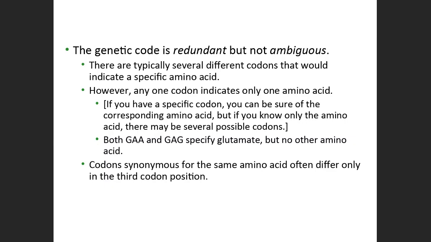So, is that clear? The code is redundant. For most amino acids, there's more than 1 codon. In some cases, there's a maximum of 6 different codons for the same amino acid. And that provides a little bit of cushion, a little bit of protection against mutations, because you can have a mutation and the codon still codes for the same amino acid.